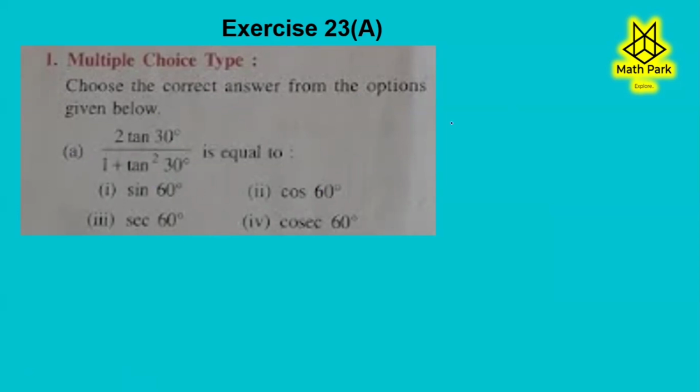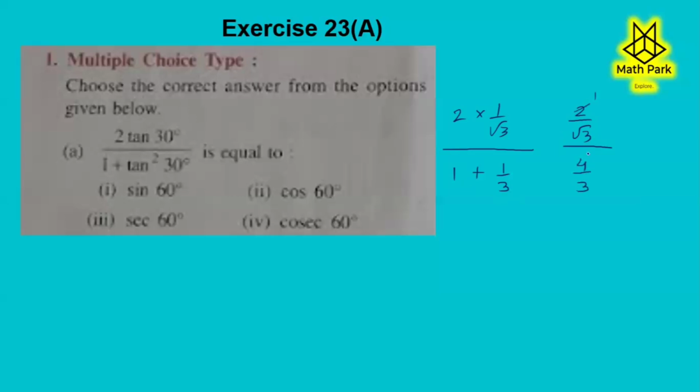So 2 tan 30 upon 1 plus tan square 30. We know that tan 30 is 1 upon root 3. We put the values. So 1 upon root 3, the whole square, is going to be 1 by 3. Taking the LCM, the numerator is 2 upon root 3 and the denominator is 3 plus 1, 4 upon 3.